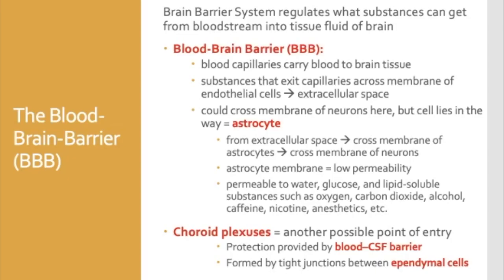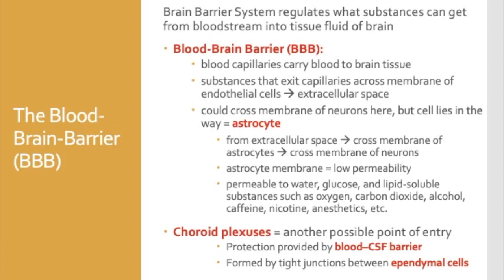You could argue that the brain is the single most important organ in the human body. So it would make sense that the body takes special steps to protect this vital organ from things that might otherwise harm it.